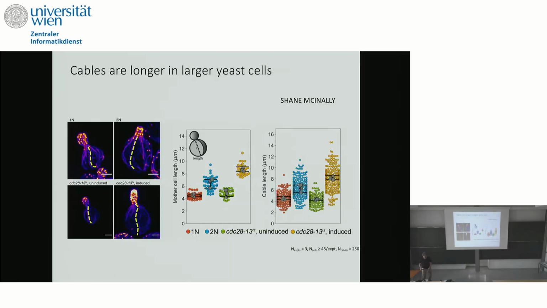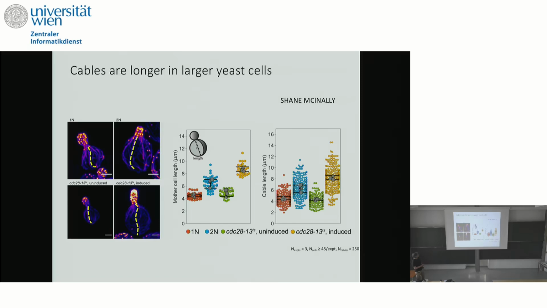So what we set out to do is measure the lengths of these filaments in yeast cells of different size. And that's something we wanted to understand, and that is how is the construction of these cables adjusting to the size of the cell.